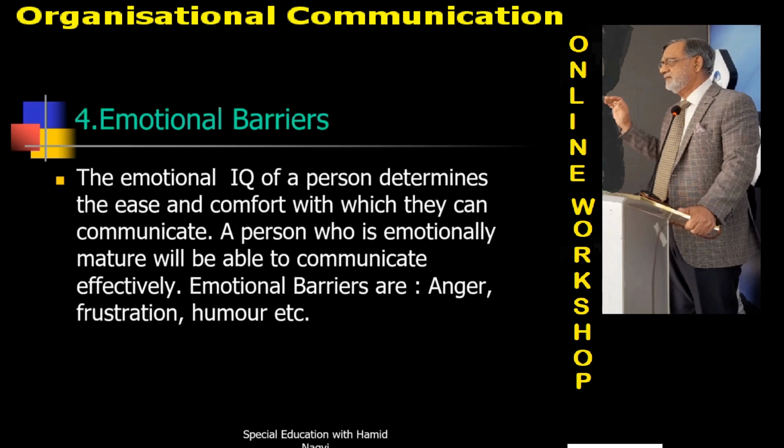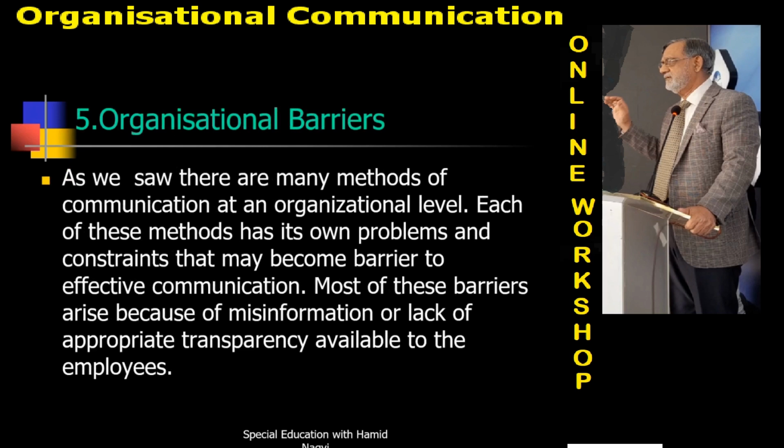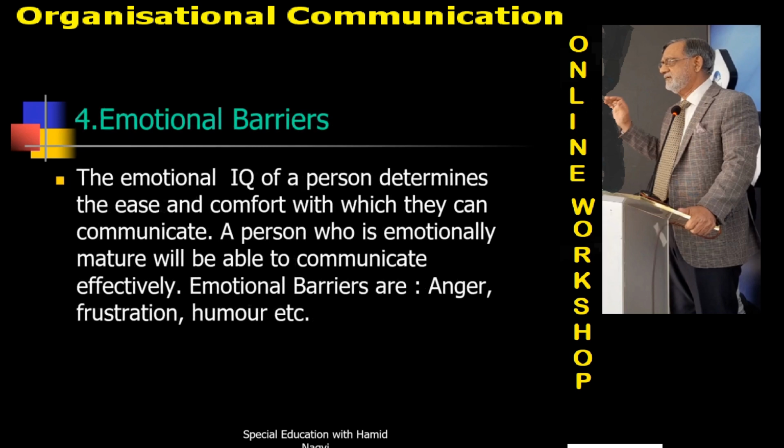The fourth barrier is the emotional barrier, and in that the emotional IQ of a person determines the ease and comfort with which they can communicate. A person who is emotionally mature will be able to understand and communicate well.